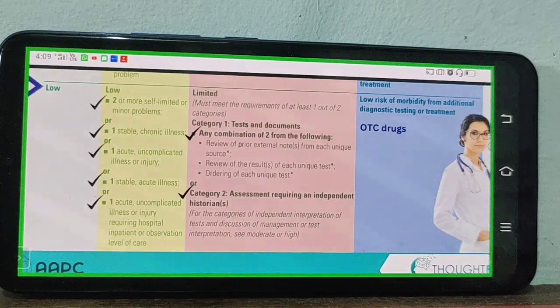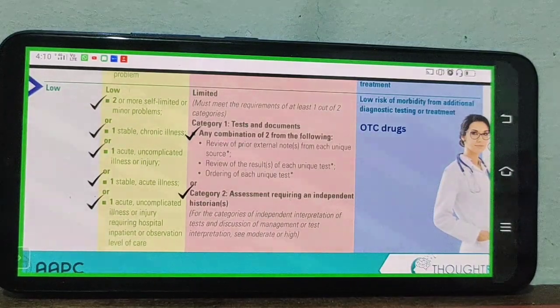Then OTC. OTC means over the counter. If a doctor refers any OTC, that will directly lead us to the low MDM in table C. What is the meaning of over the counter? Without a doctor's prescription, we can buy some medicine directly from the pharmacy.